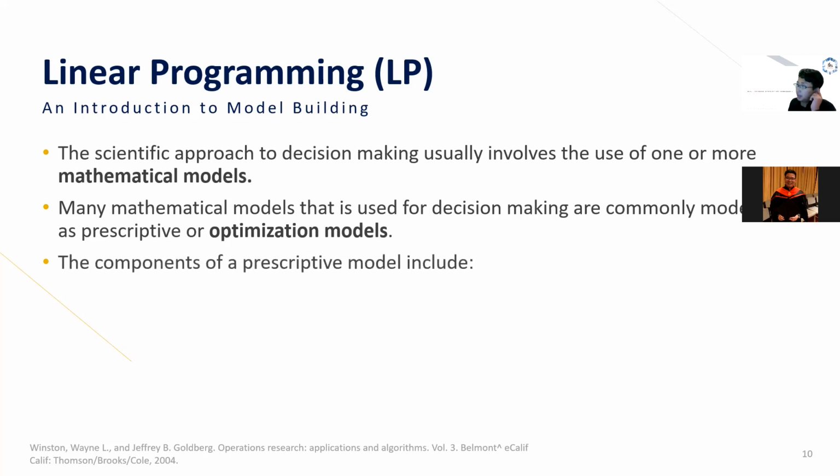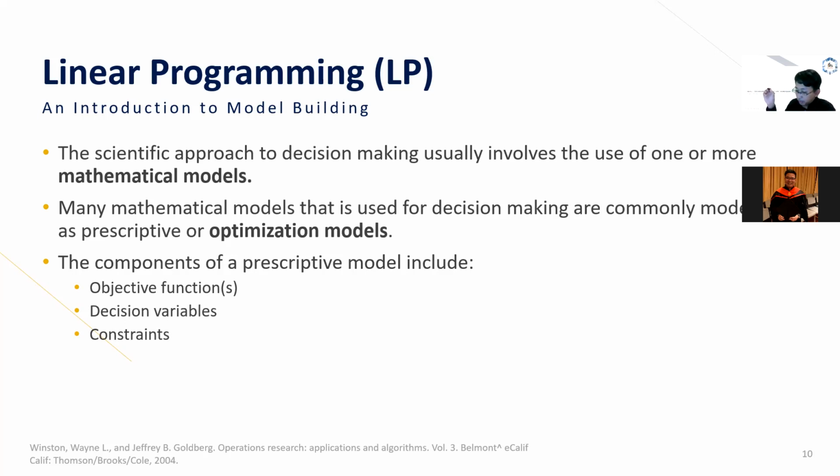So in short, optimization models are commonly used to find a value by determining decision variables so that we can optimize, whether minimizing or maximizing, the objective function among all the sets of values of decision variables being considered.